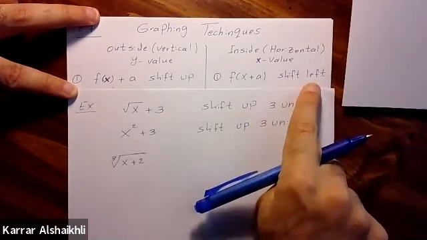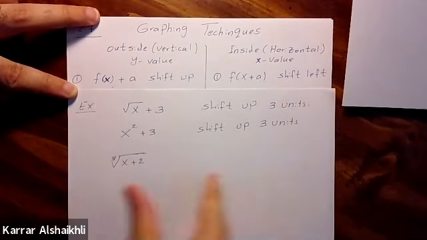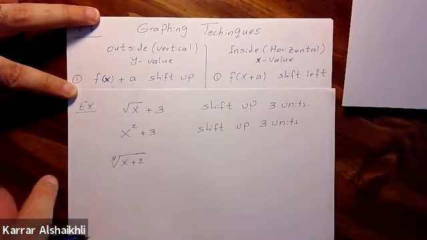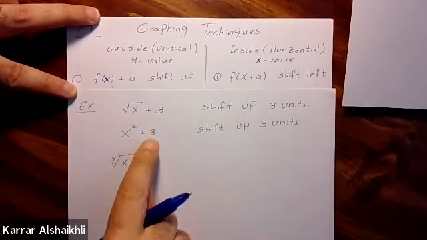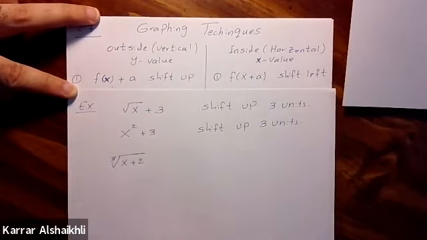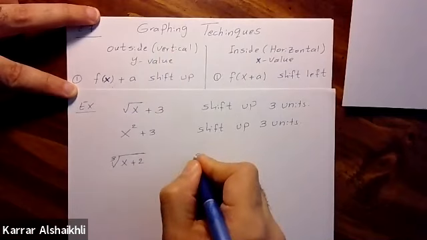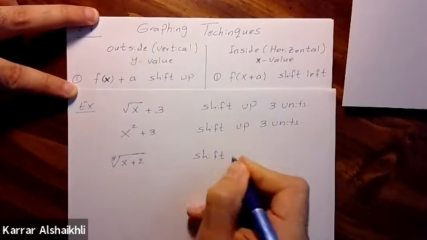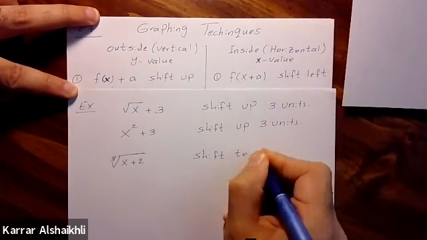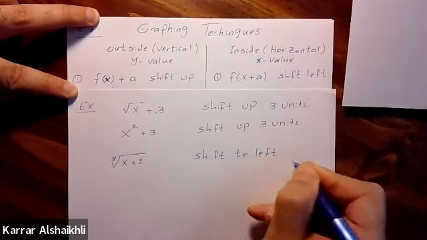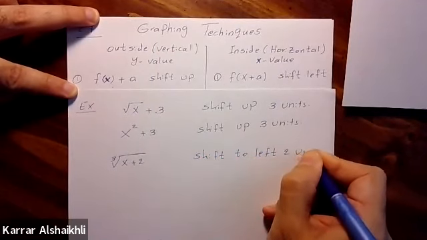That means it's going to be a shift left. It's the movement horizontally, left or right. The movement here is going to be vertically, up or down. So in this case, it is going to be a shift to the left. How many units? 2 units.